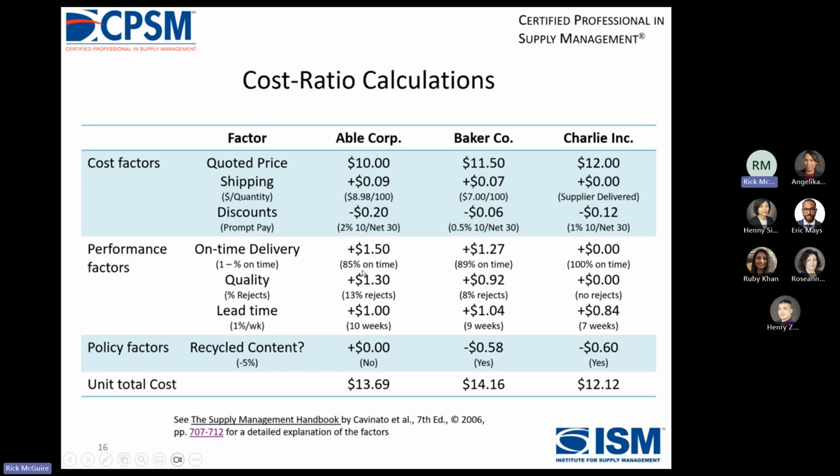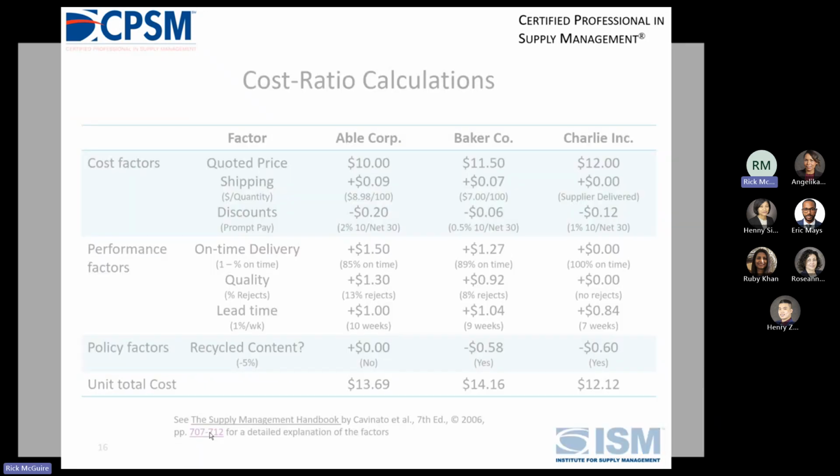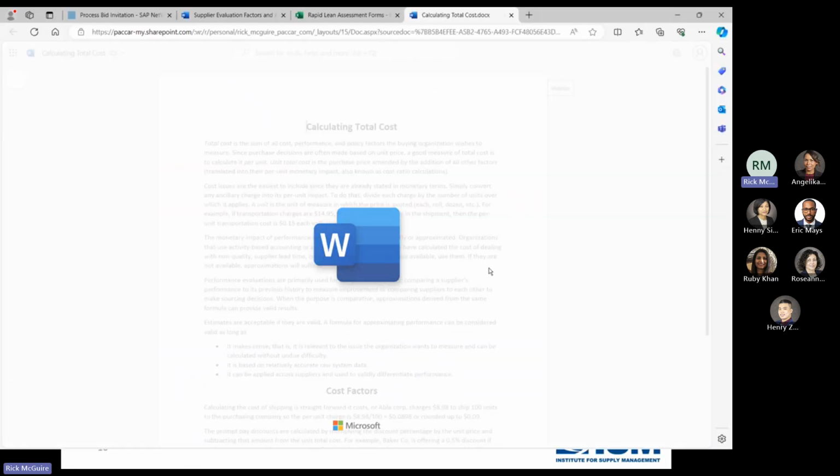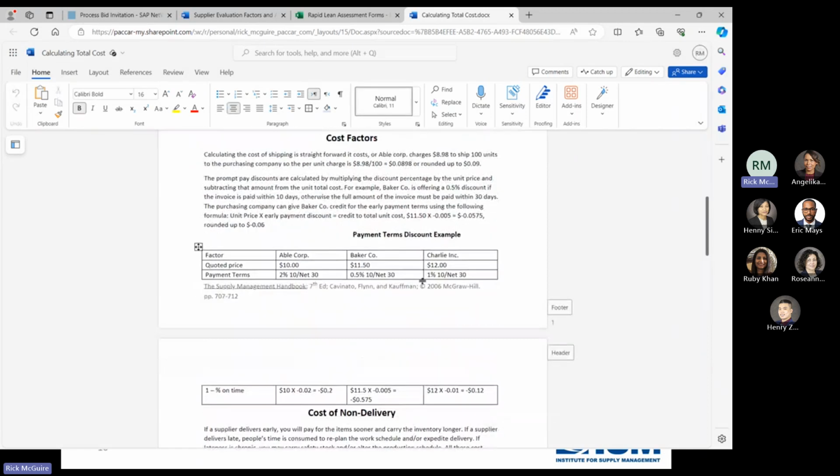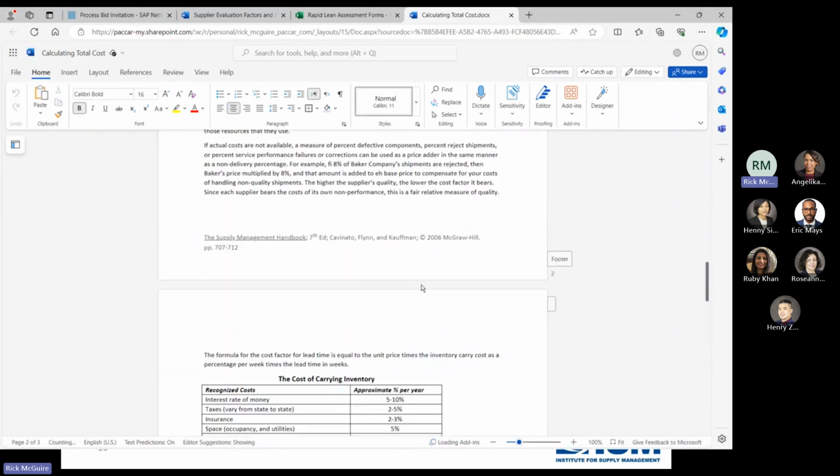And on-time delivery: 85% on time, 89% on time, which you just multiply by the price to get this penalty. And see, these guys are 100% on time, so they have no penalty. Quality is the percentage of rejects, so 13% rejects, 13% times the price. Then you add all these things up. And if you want to know the details of how to do this system, it's right here. This will go into detail about how they figure each of the factors.